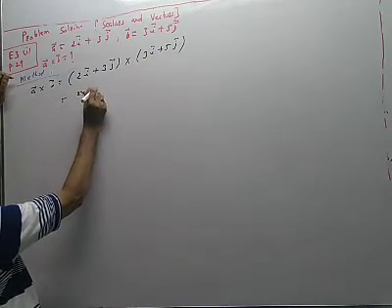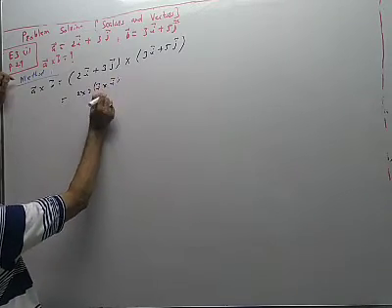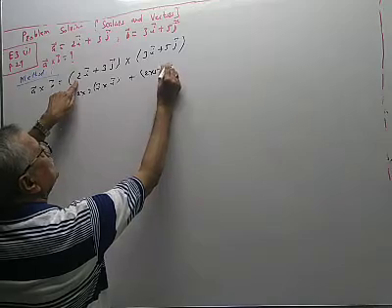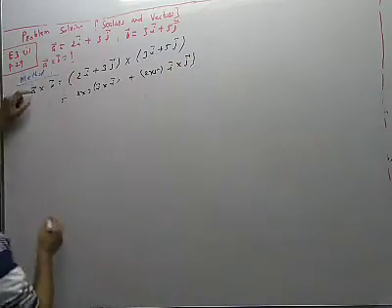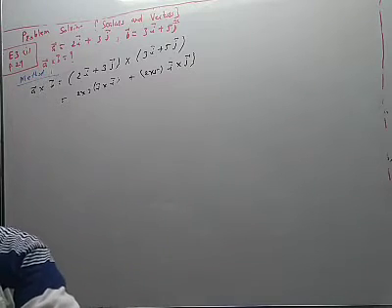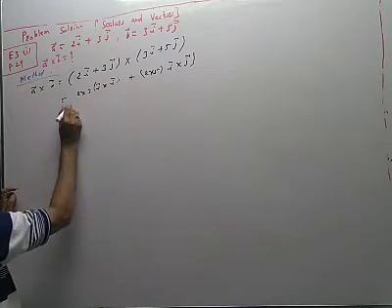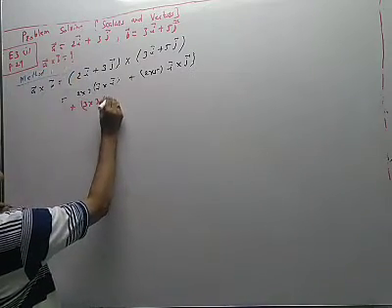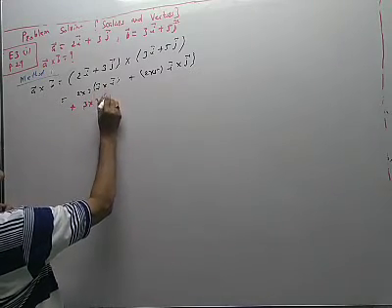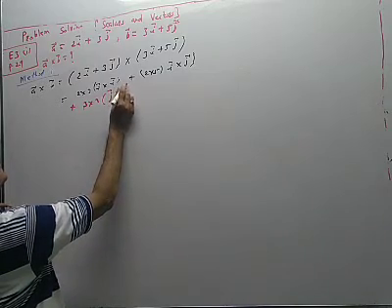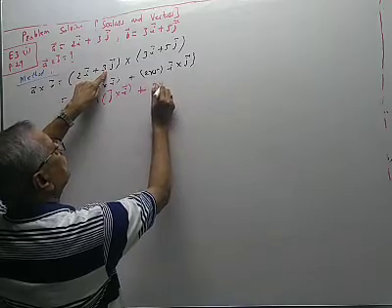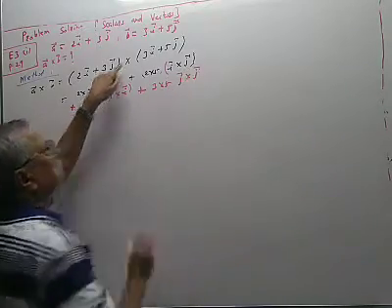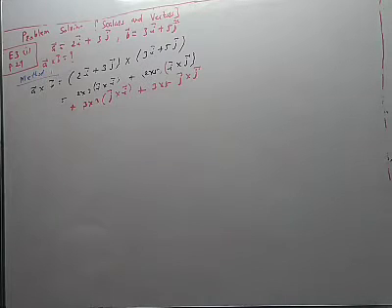So 2 multiplied by 3, i cross i, plus 2 multiplied by 5, i cross j, plus, now write down the terms of j, 3 multiplied by 3, j cross i, plus 3 multiplied by 5, j cross j, like this.